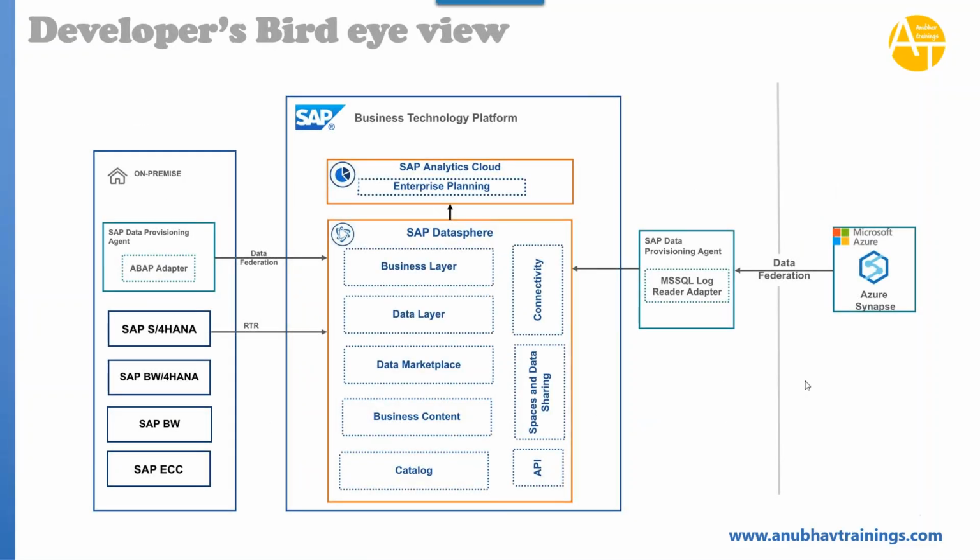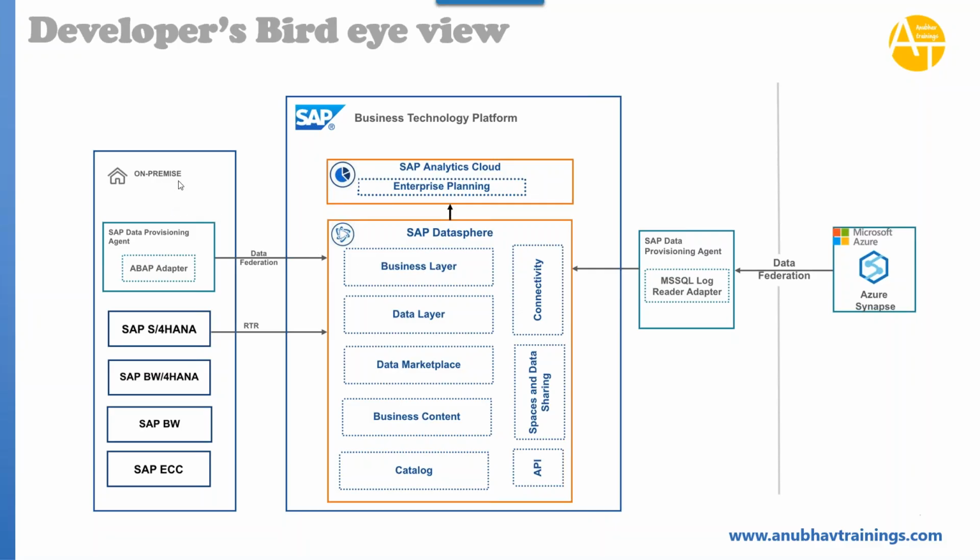Now, let's look at the developer's view, or the bird's eye view. When we go deep inside it, how do you actually develop? When you want to start using the DataSphere solution, what is the traditional approach a developer would take before developing the objects in DataSphere?